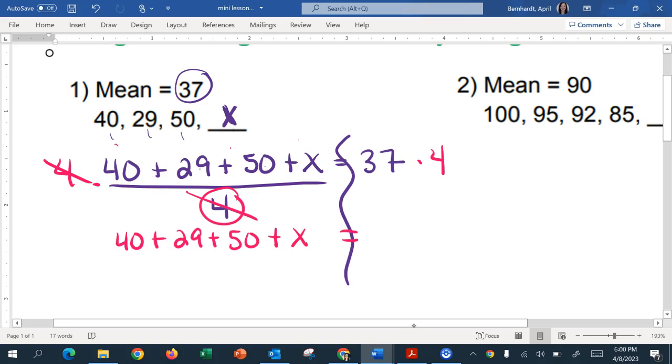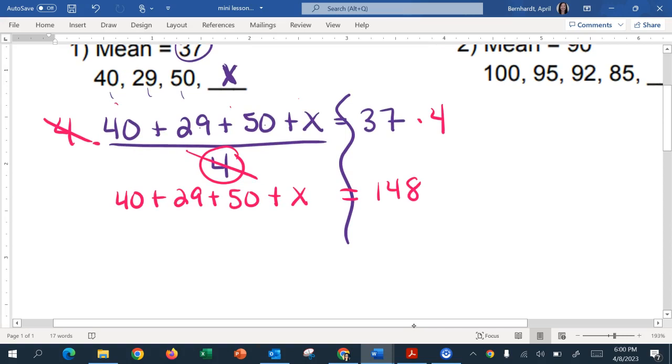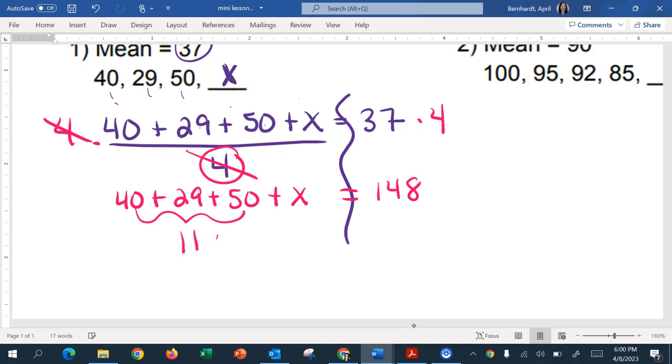37 times 4 equals 148. Our next step, we could do a couple of things, but I'm going to combine those data values that I know. So I'm going to do 40 plus 29 plus 50 equals 119 plus our mystery missing data value equals 148.